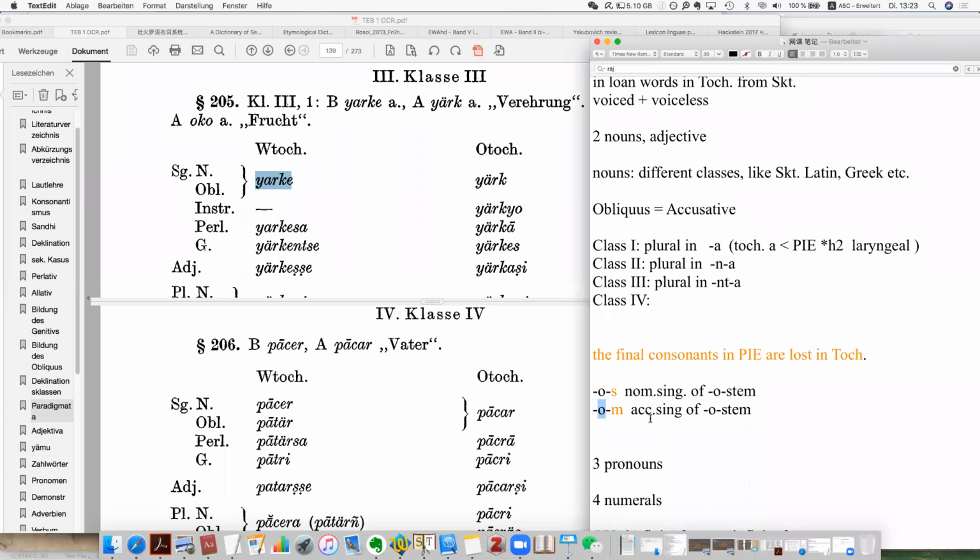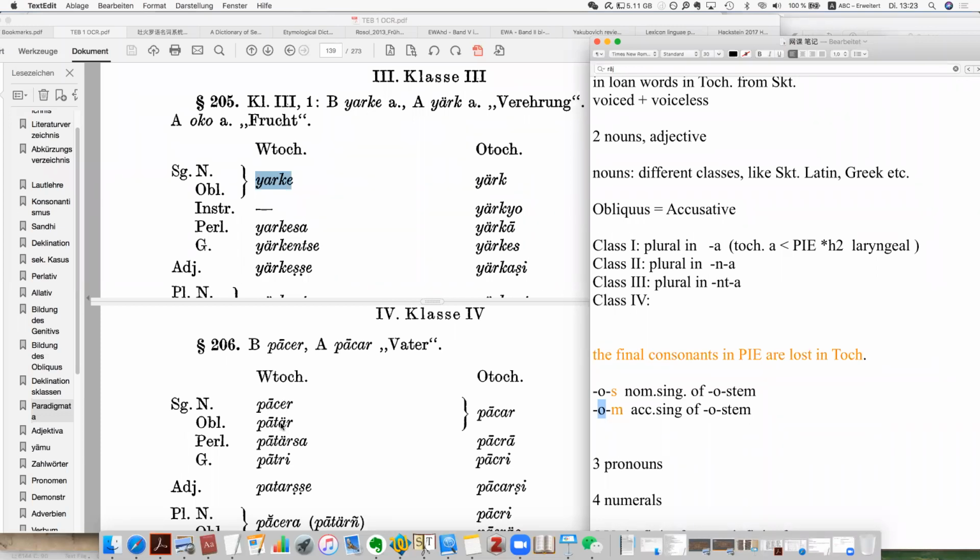So this makes good sense. Class 3, class 2, class 1, they all have the same form for nominative and accusative. But class 4, you see, it's different.